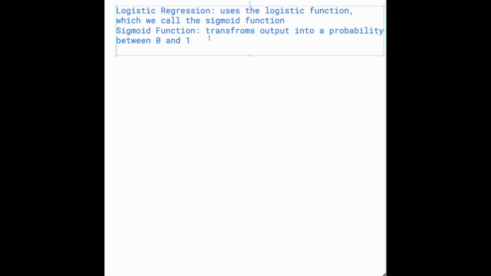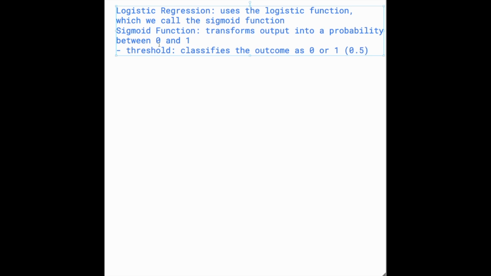Like I said before, it gives us a number between 0 and 1, and then we decide whether that number is close enough to 1 or close enough to 0 to determine our output. The threshold classifies the outcome as 0 or 1, and usually it's 0.5.